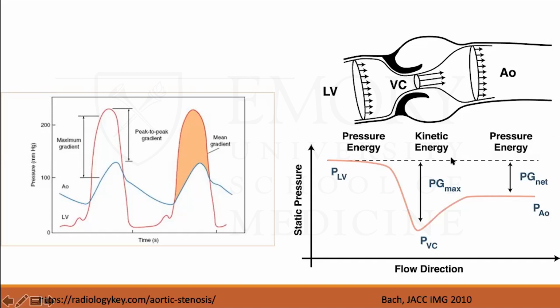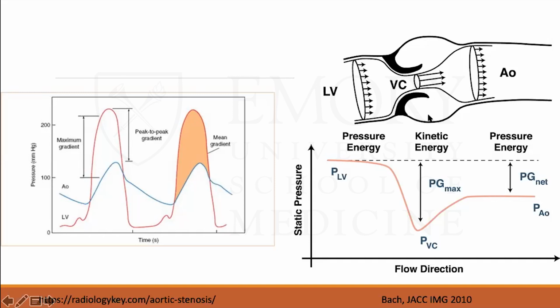Here's another concept for you to be aware of, and that is the concept of pressure recovery. When you're measuring pressures by cath, if you're using 2 transducers, you'll have one that sits here in the aorta, and one that sits here in the LV. But if you look at how the pressure changes going with the blood flow through the aortic valve, your velocities are highest here in your vena contracta, where the flow is the most narrow.